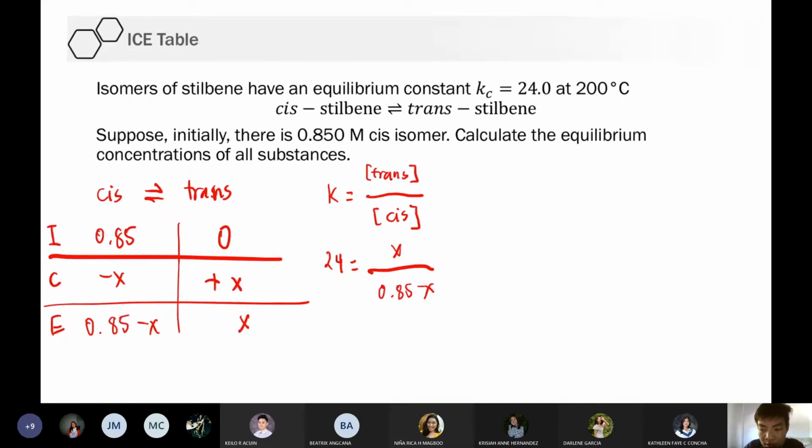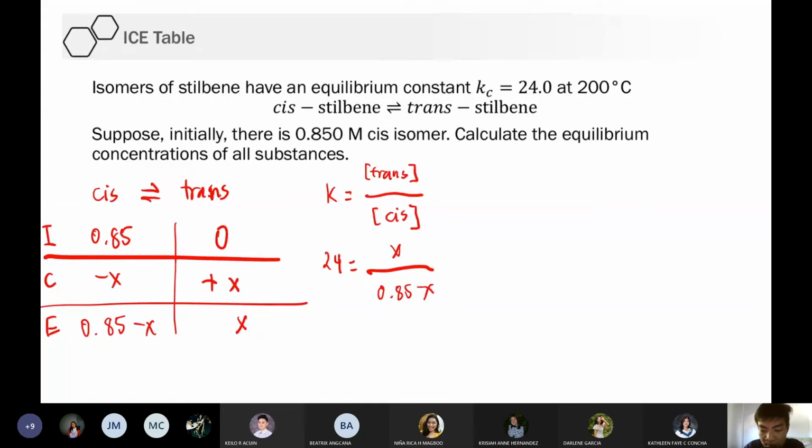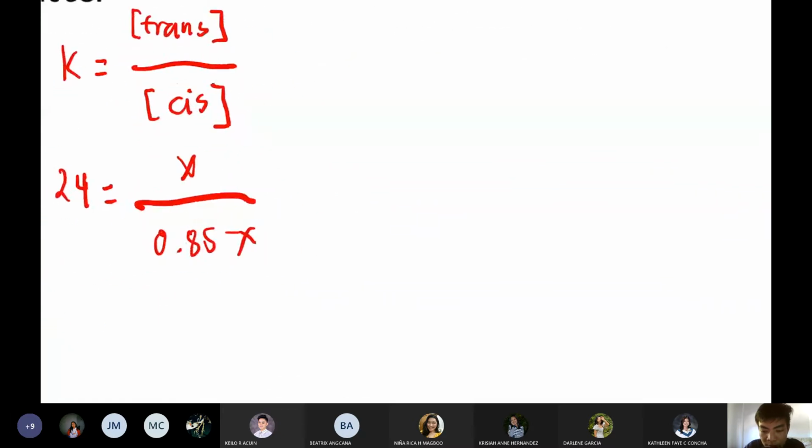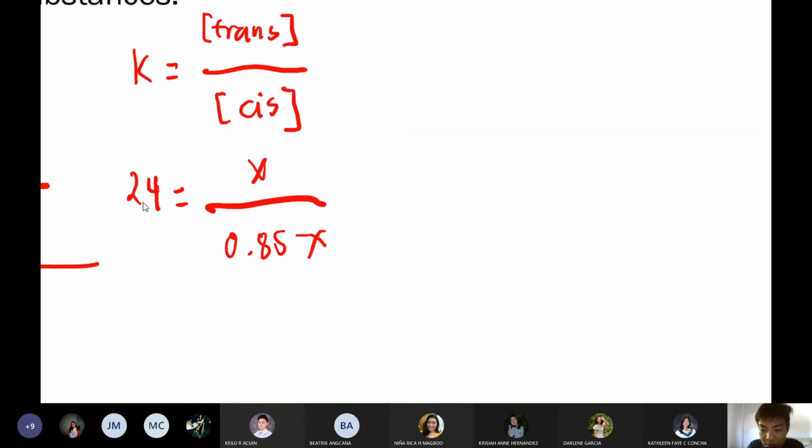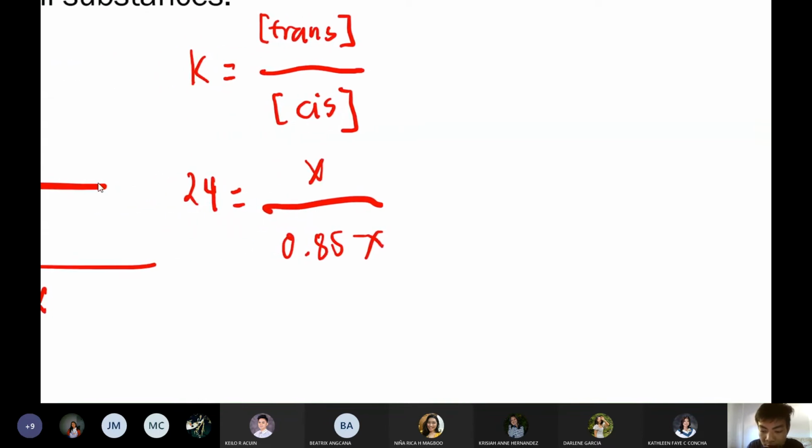So let's solve this algebraically to find the value of x. What are the steps? You may want first to cross multiply. You're going to cross multiply your denominator here to the numerator there, so we can solve for the value of x.